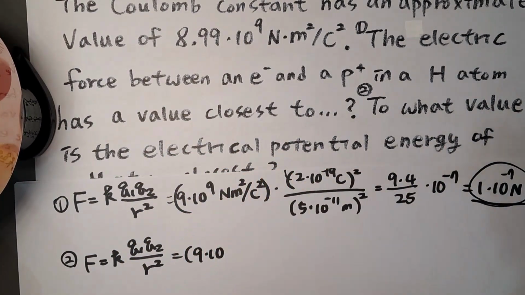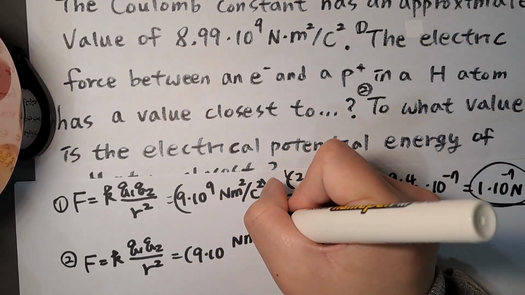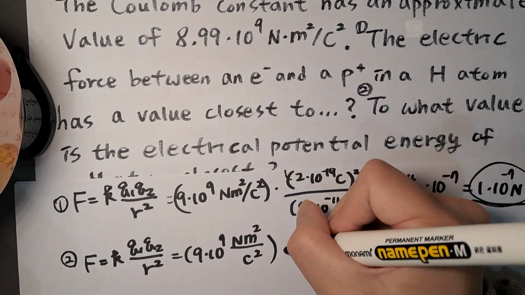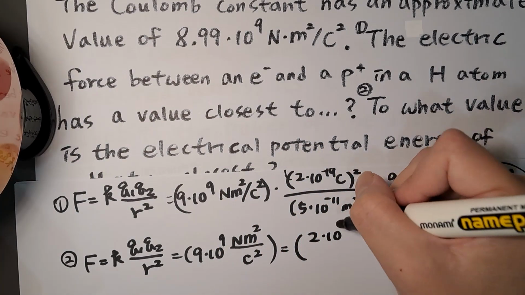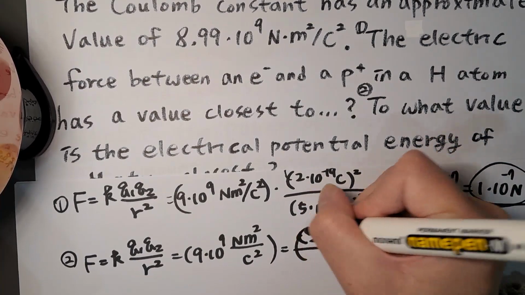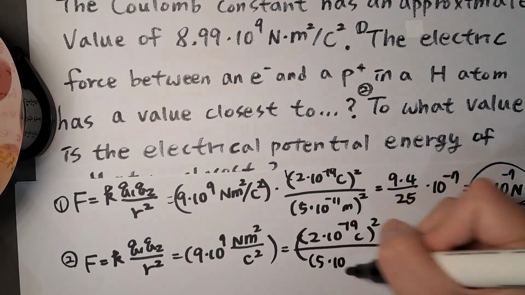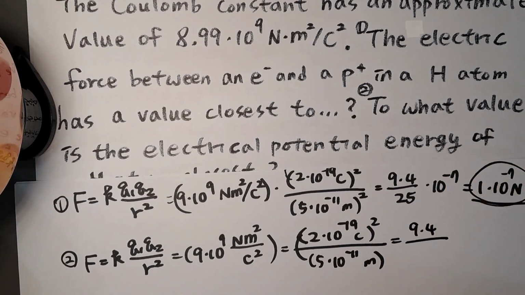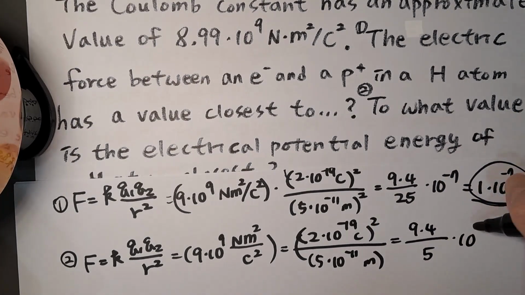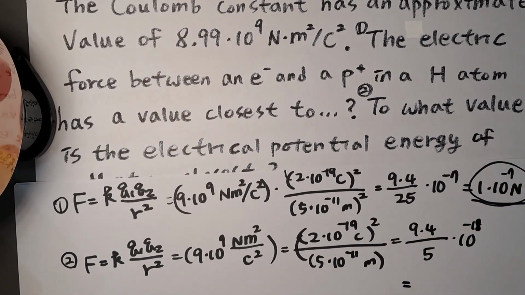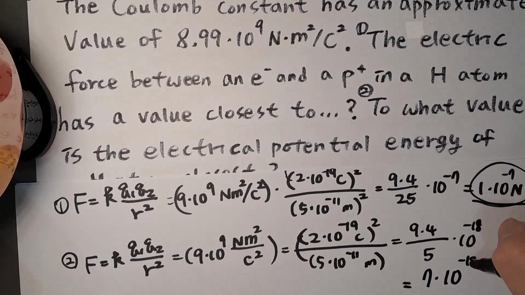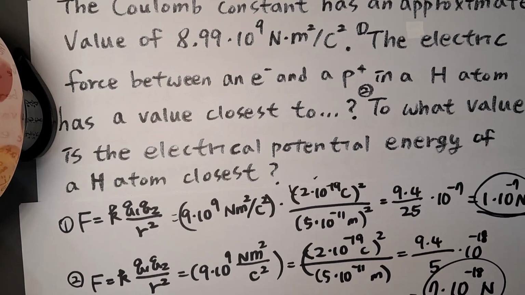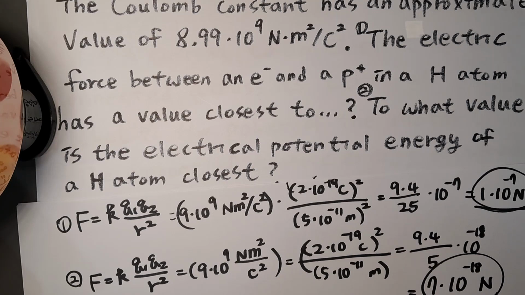So we can find 7 times 10 power minus 18 Newton.